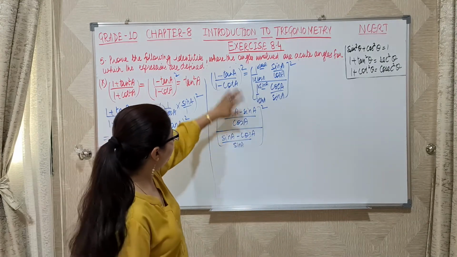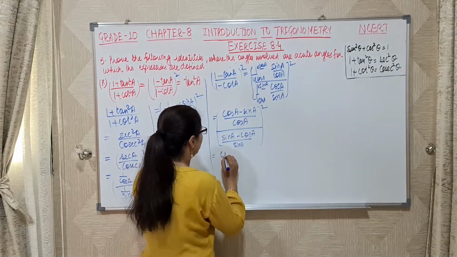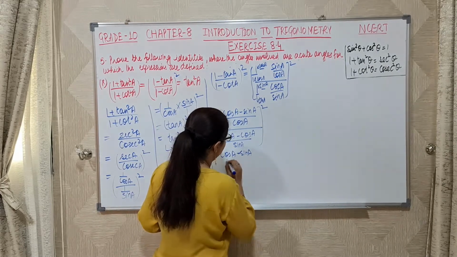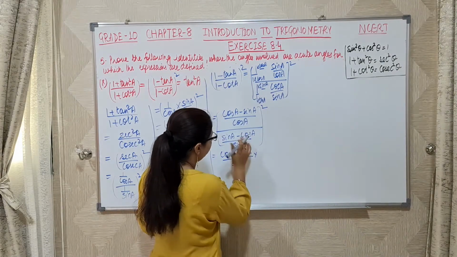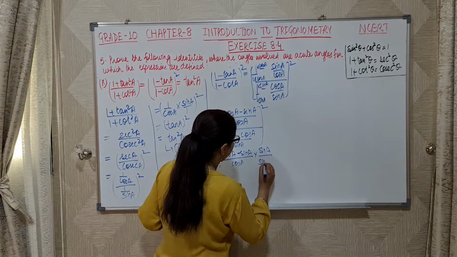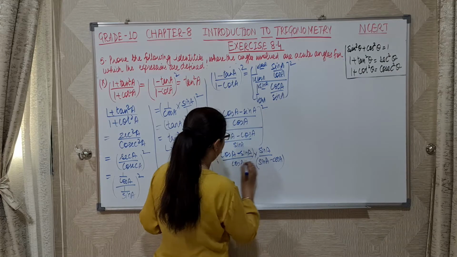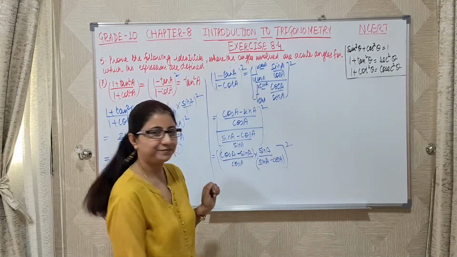Okay. So again 4 terms. Take reciprocal of denominator. So this is cos A minus sine A divided by cos A. Reciprocal of this, so sine A will go up divided by sine A minus cos A. Since 2 terms, so I am putting brackets, and full square.